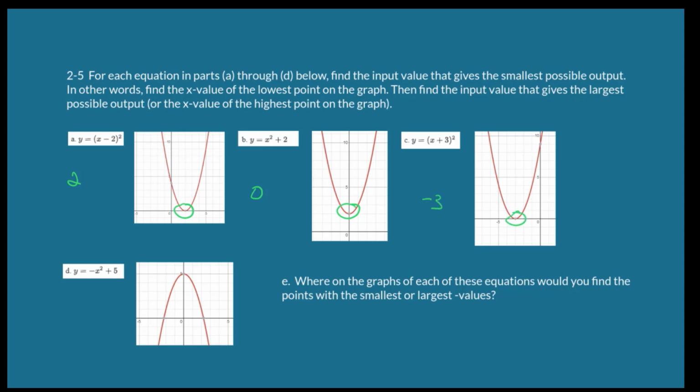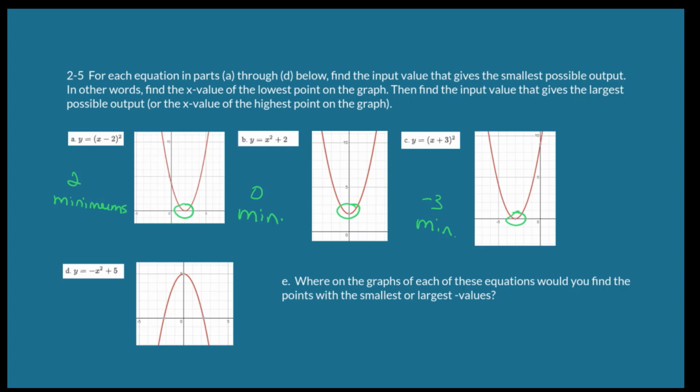Now, all of those have minimums. I'm just going to abbreviate here, a minimum and a minimum, because their parabolas are opening up. Now, it also says to find the input value that gives the largest possible output.